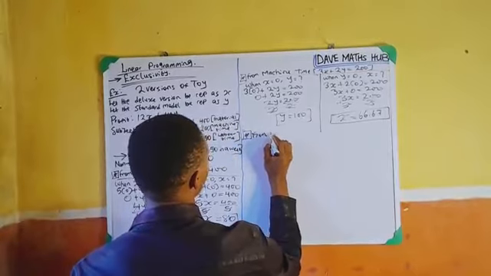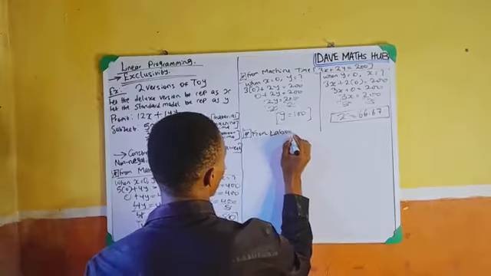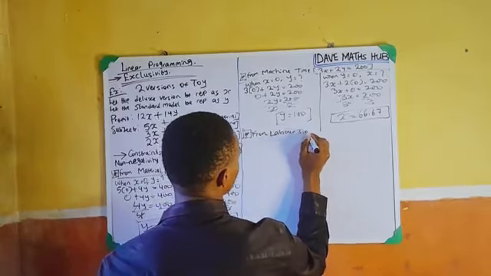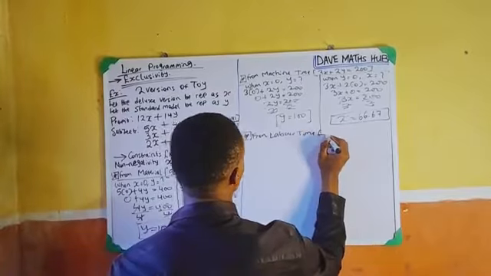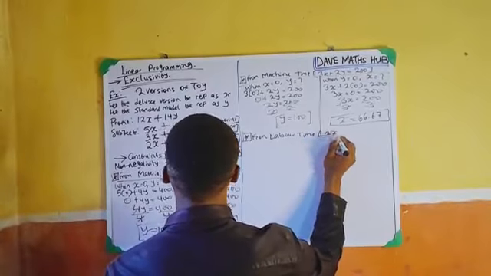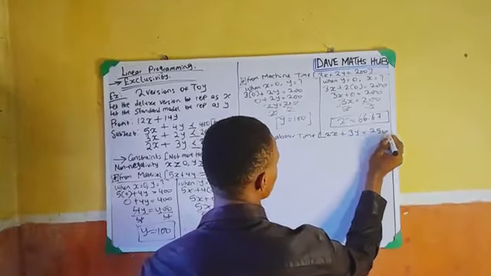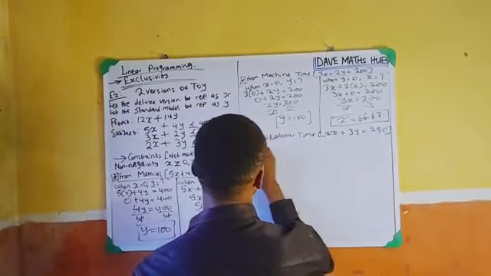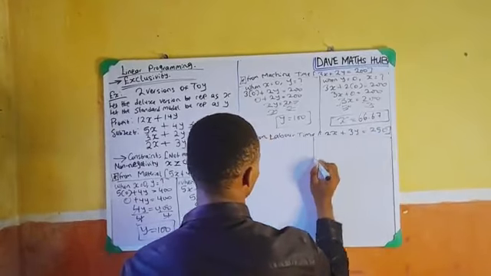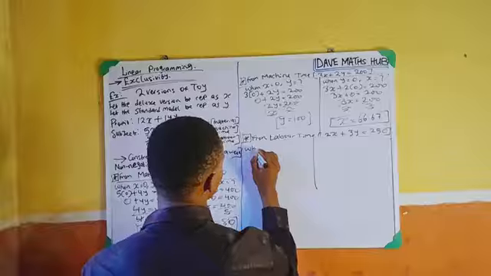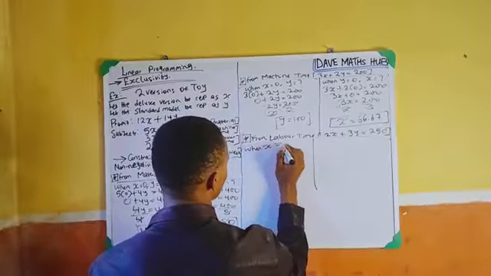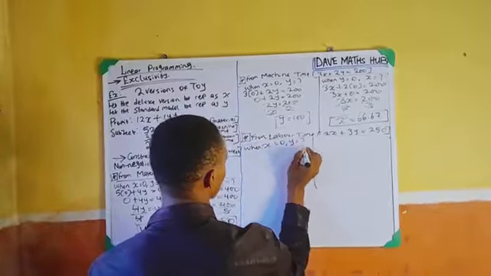Alright, and from the last constraint, from labor time, which we have 2x plus 3y equals 250. Alright, when x equals 0, y is equal to question mark.